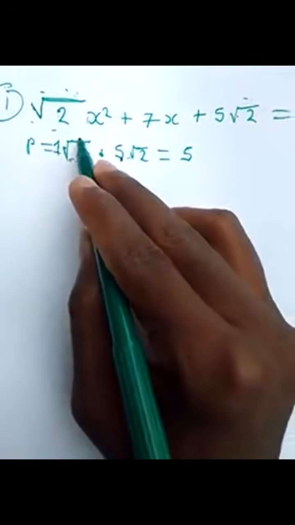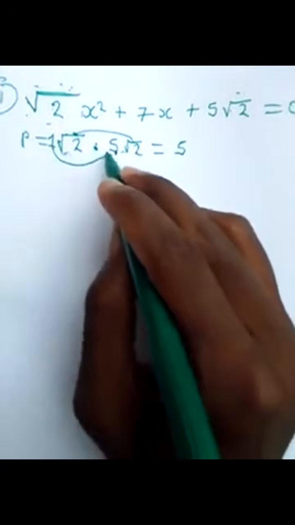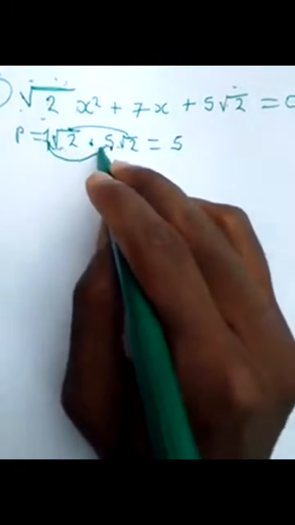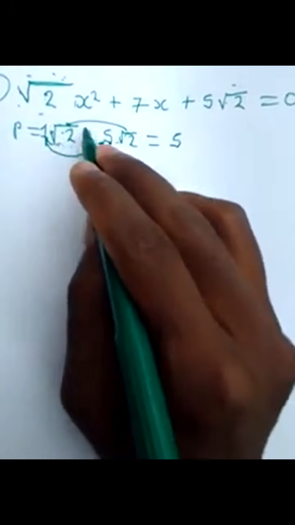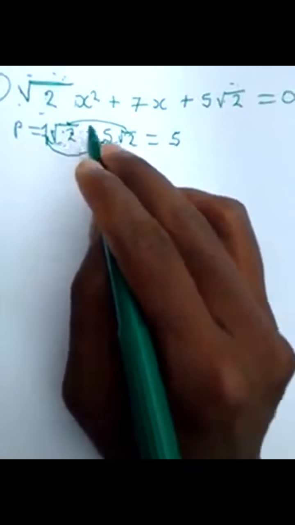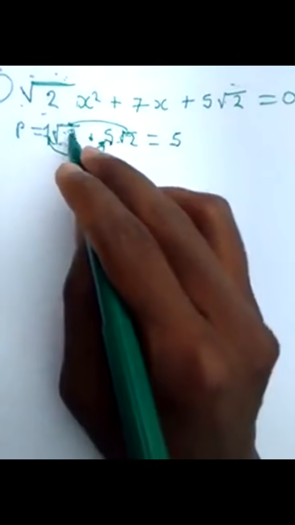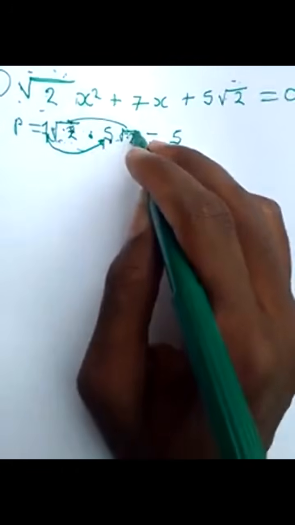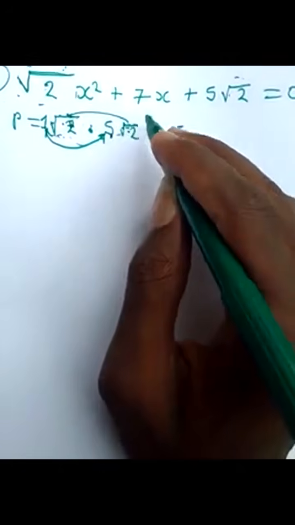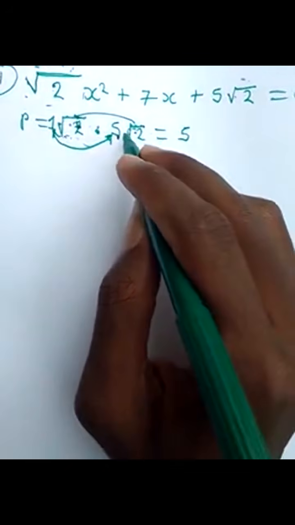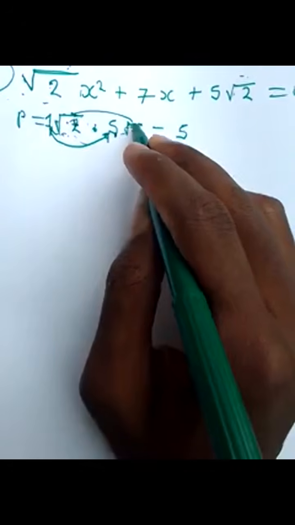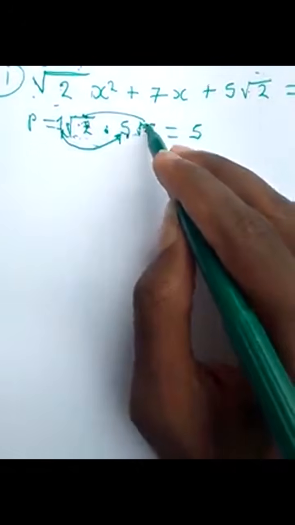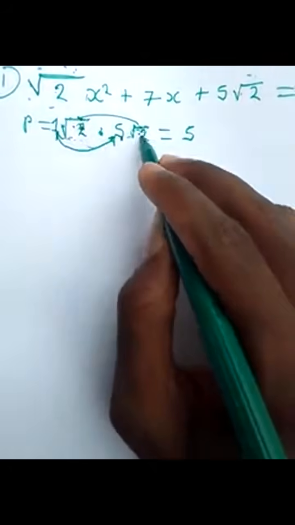It is just going to be 5. Now we come to the square roots, or the radicals. Since both of them are square roots and they have the same number under them, the square root will just be cancelled and we get back the number that is under them, which is 2.